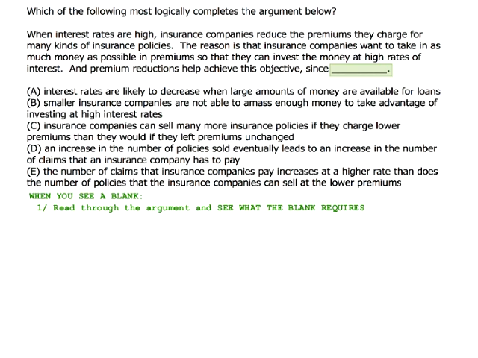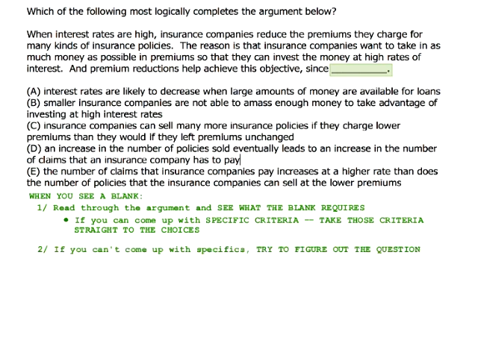Just take those criteria straight to the answer choices. Don't detour by trying to classify it into a question type. But if you don't understand the passage well enough to come up with specifics, then as a backup, try to figure out the question type and go from there. But only as a backup. So let's go through this one and see what we need.